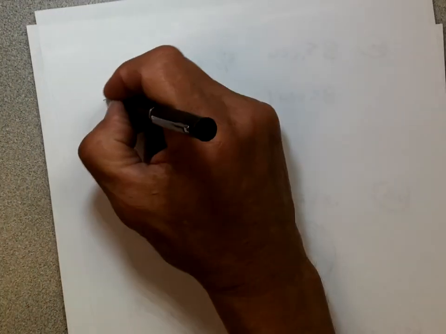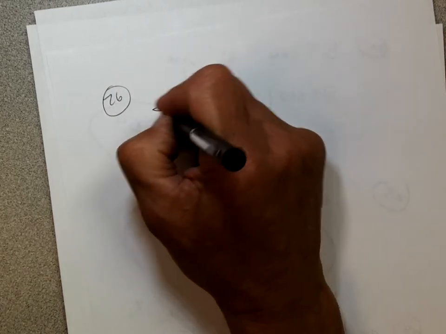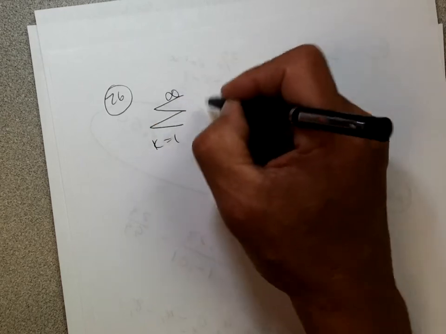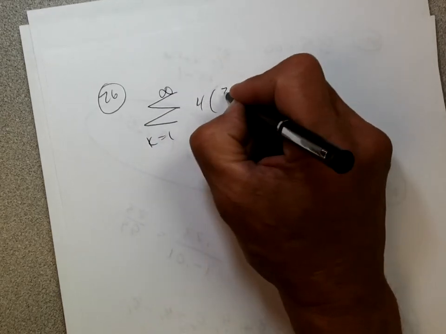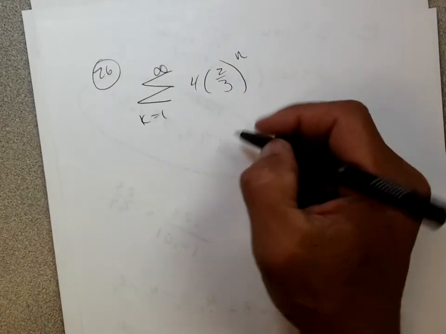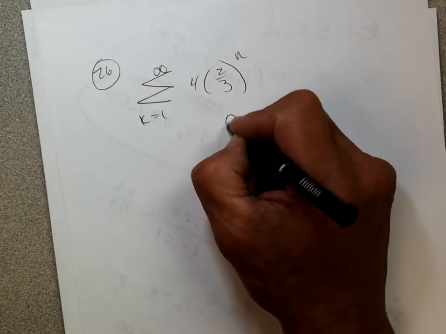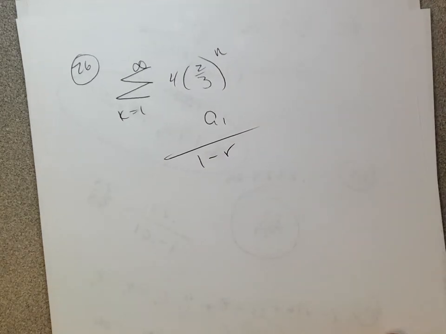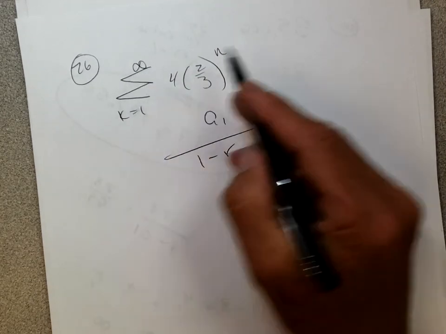26. Okay, so we're going to use our A1 over 1 minus R, right? Because we're going to infinity.